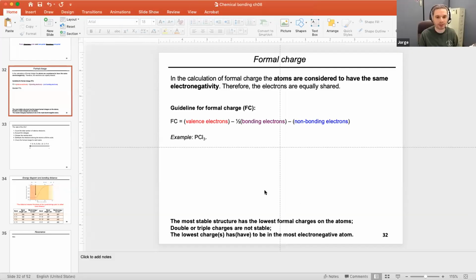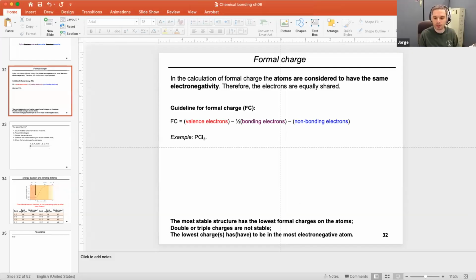And the last thing I showed you on Tuesday was how to calculate the formal charge. Calculating the formal charge will help us to decide which structure is the most probable for a covalent compound when more than one option is possible. So let's pick up where we left.